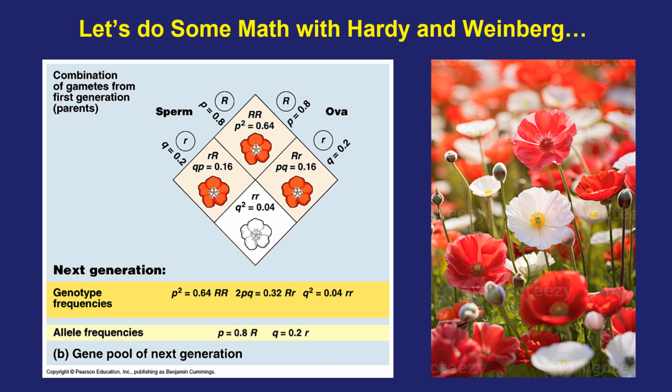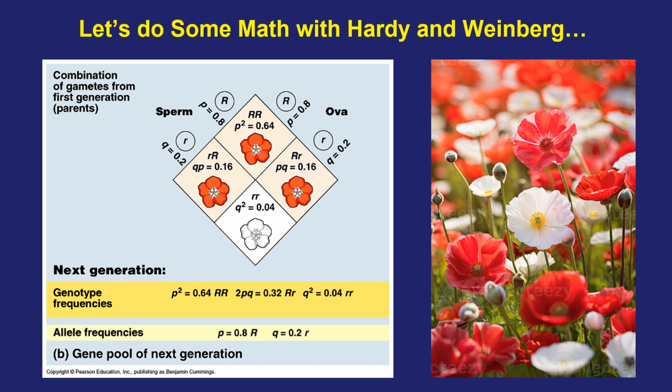Now, the flowers that I've picked up, for each of them, there's an 80% chance that they could be a plant that could contribute a dominant allele, and there's a 20% chance that they could contribute a recessive allele. So you can see I've added these values to the axes on our Punnett square.